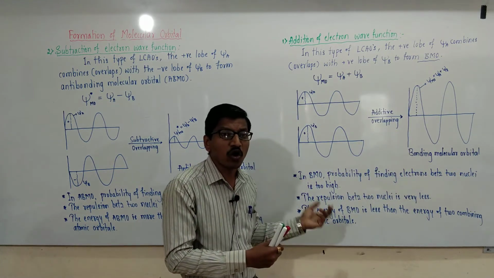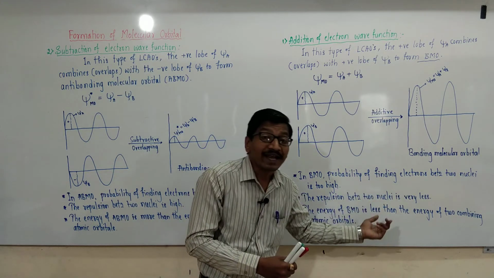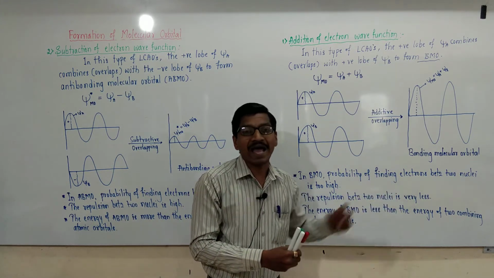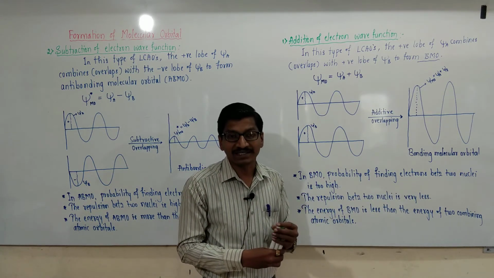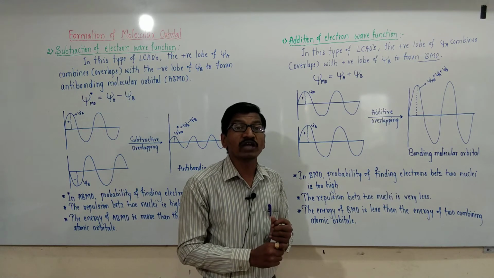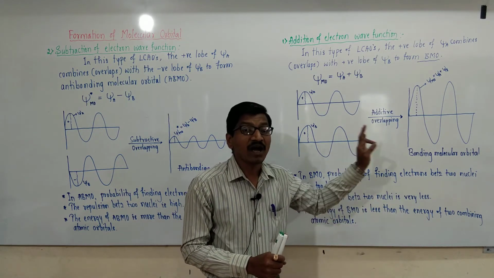In a bonding molecular orbital, the probability of finding electrons is very high and repulsion is very low, and the energy of the bonding molecular orbital is less than that of the combining atomic orbitals.